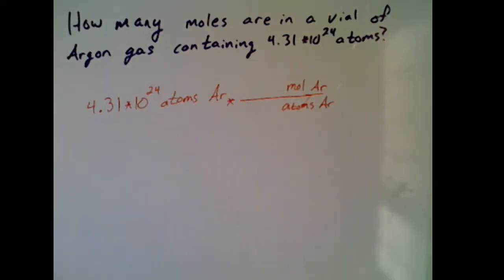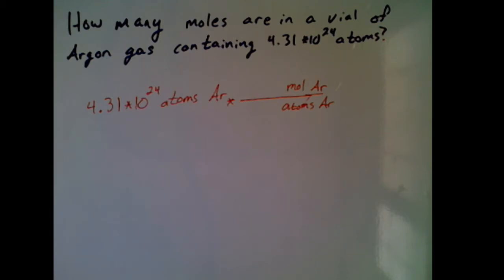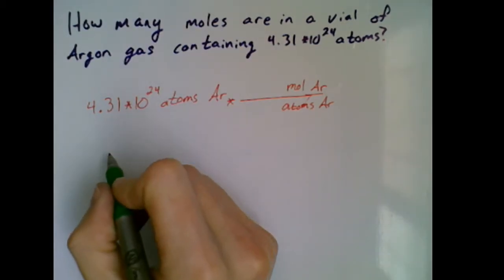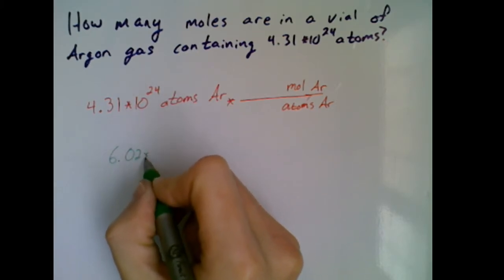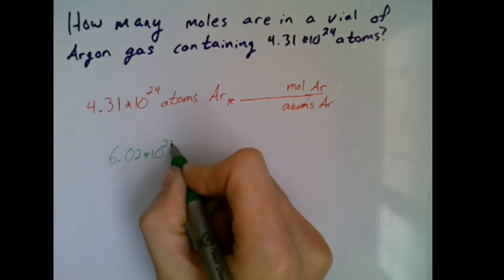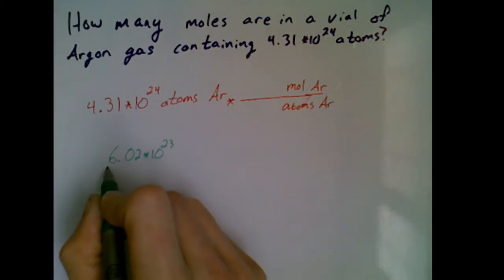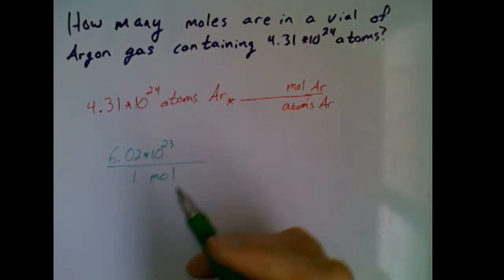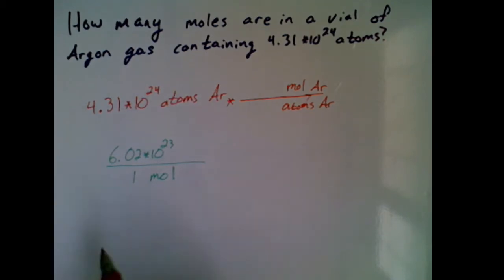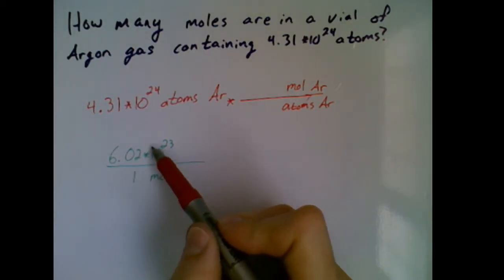And now think back to the ratio we were dealing with. The ratio we were dealing with was 6.02 times 10 to the 23 things, or atoms in this case, is equal to 1 mole. Now, you have to make sure when you do this that you match up the numbers with their units.